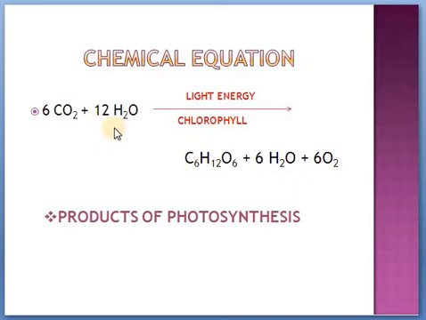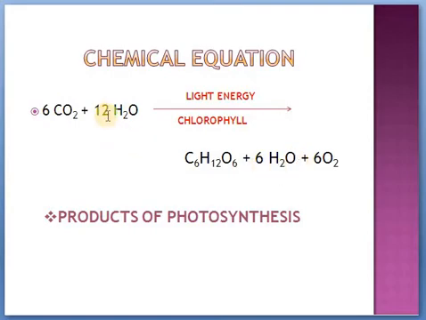Okay, and then the second important thing a plant needs for photosynthesis is water. Totally 12 molecules of water are involved in this process. How many molecules? 12 molecules of water are involved in this process. But by the end of the process we are getting back 6 molecules of water.